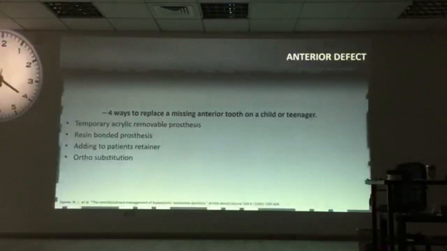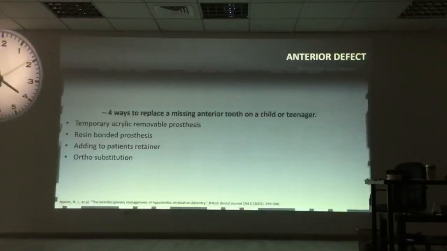Resin bonded, you said Maryland. Okay. Adding to the patient's retainer, this is a removable retainer. That part we didn't say, maybe. That's the only part we missed. And the fourth one, we mentioned. I think when they say auto substitution, they're talking about drifting another tooth into place. Yeah, auto substitution could also be drifting another tooth into that place.